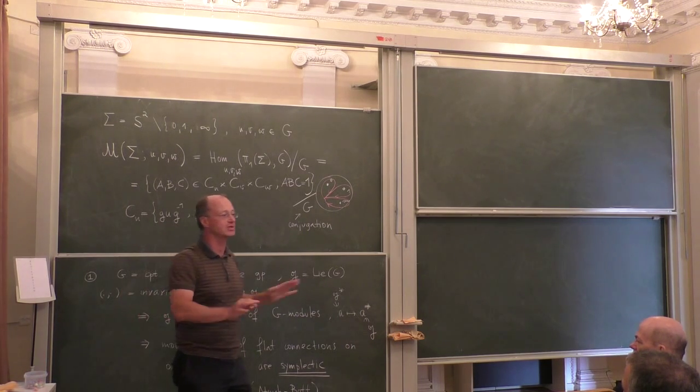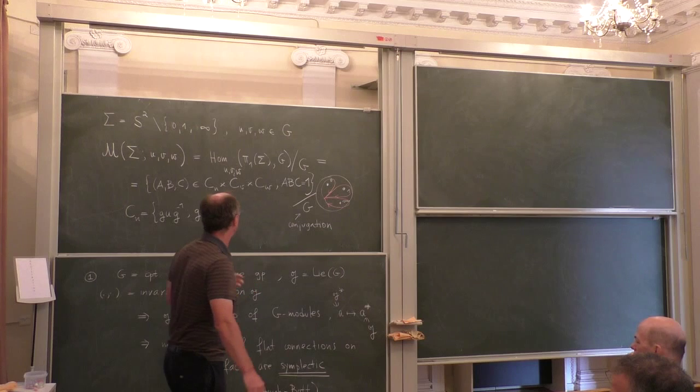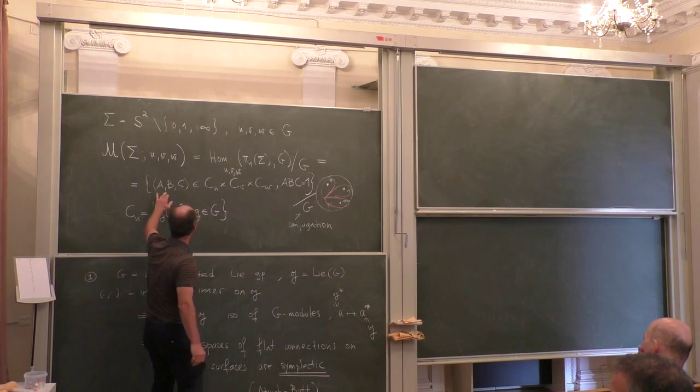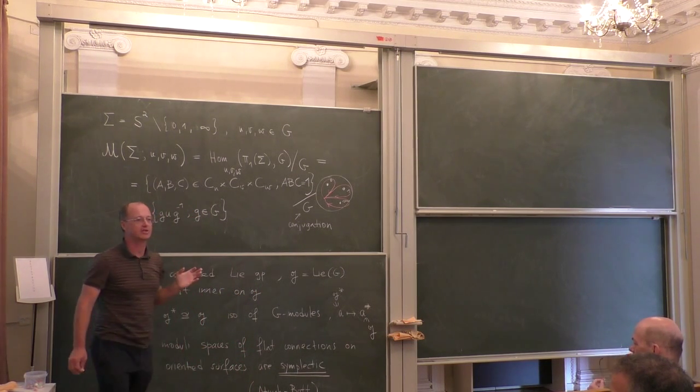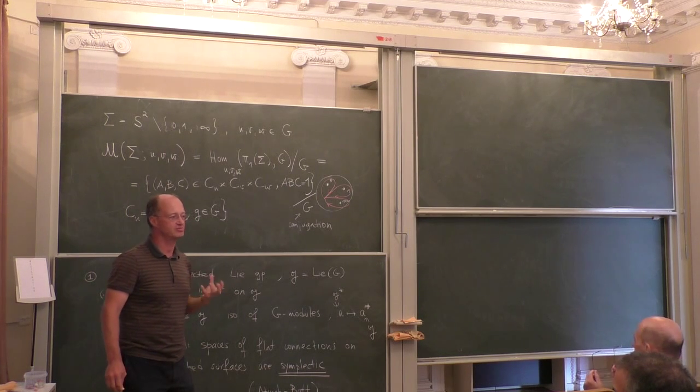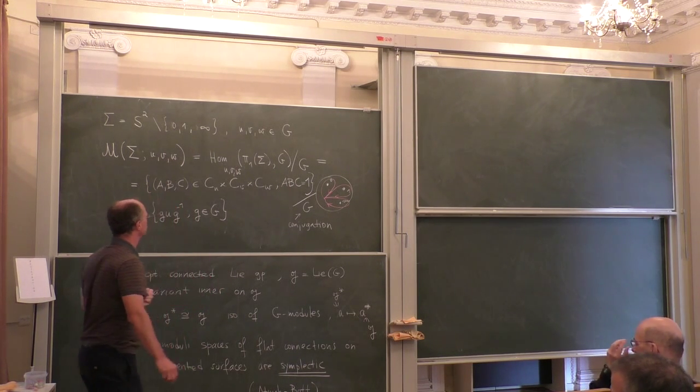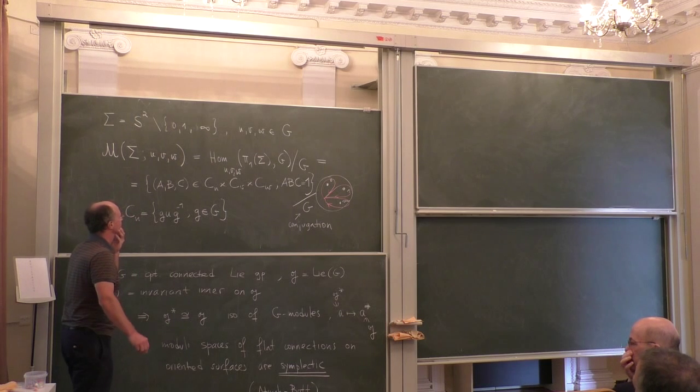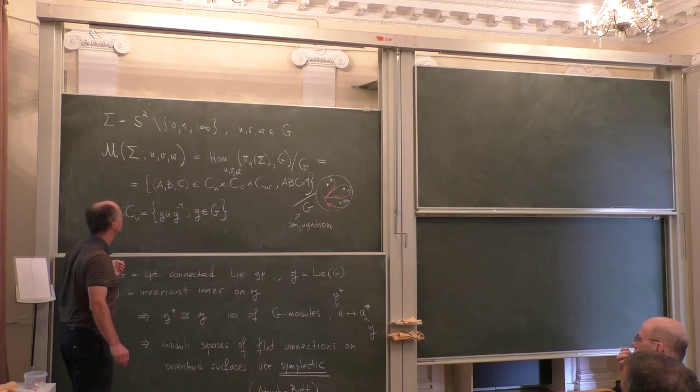In principle, of course, we can consider arbitrary surfaces of arbitrary genus with arbitrary number of marked points, but for today let's concentrate on this particular moduli space, which is, one can say, one of the building blocks of the moduli of flat connections theory.